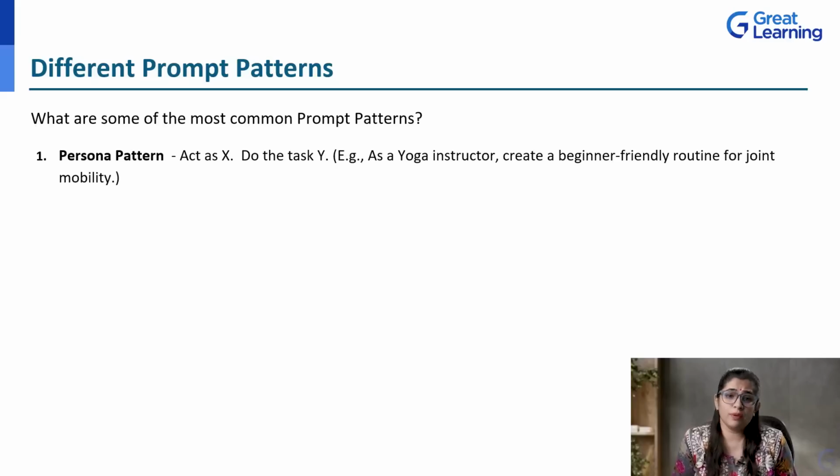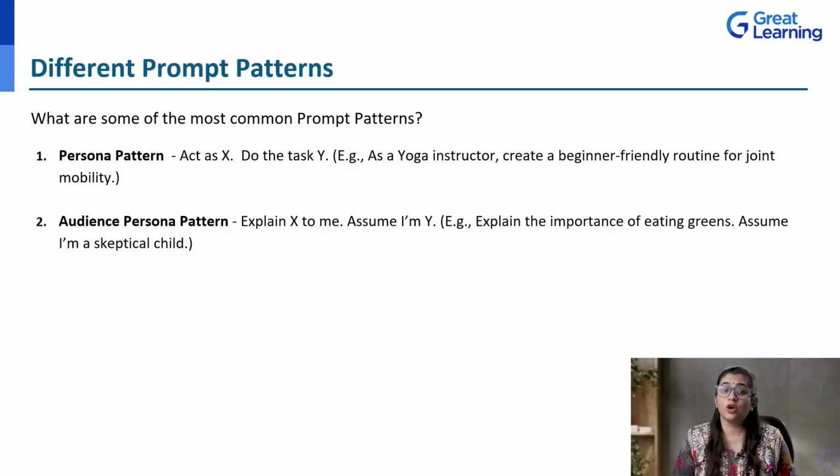One is the persona pattern. Act as X, do the task as Y. For example, as a yoga instructor, create a beginner-friendly routine for joint mobility. This is your persona pattern. Next is the audience persona pattern. For example, earlier I said, explain prompt to me, assume that I am a 10-year-old child.